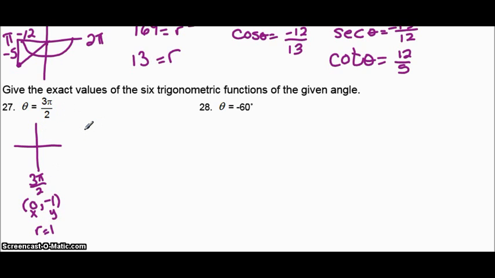Okay, so putting that together, the sine theta being y over r would be negative 1 over 1, which is negative 1. Cosine theta would be x over r, so 0 over 1, or 0. Tangent theta is y over x, so negative 1 over 0, which is undefined.